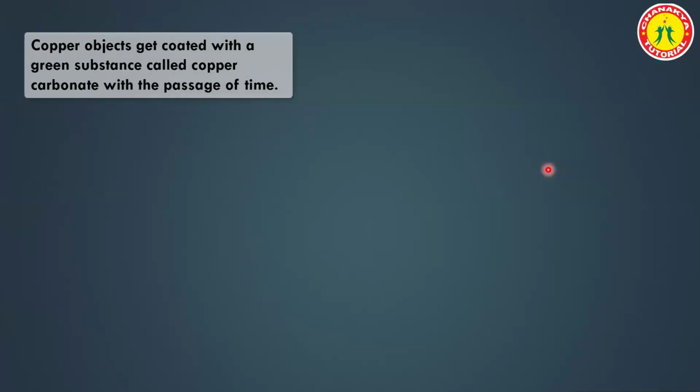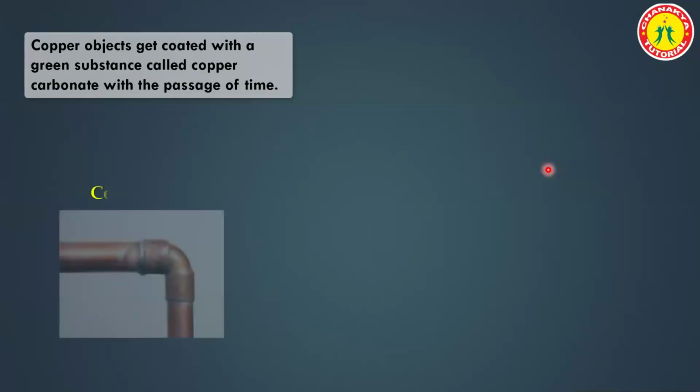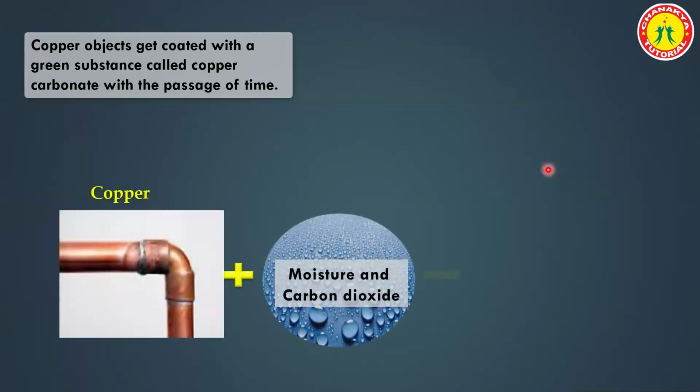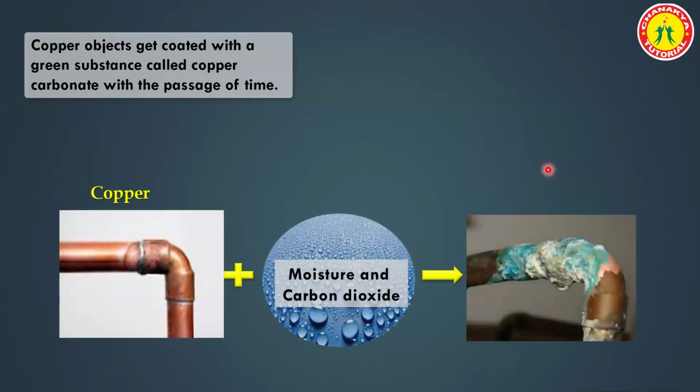Similarly, if we see copper objects, we buy them new. With time, they convert into this green color. There is this green layer due to reaction of copper with moisture and carbon dioxide. So this is also an example of corrosion.